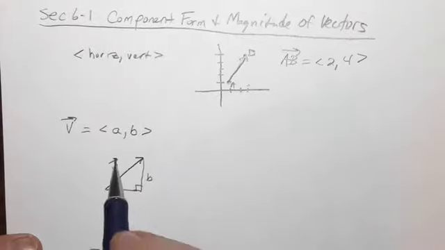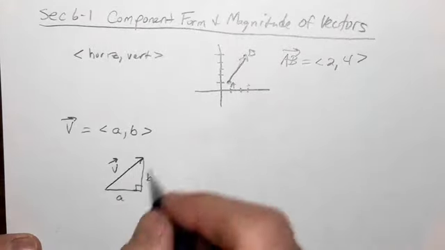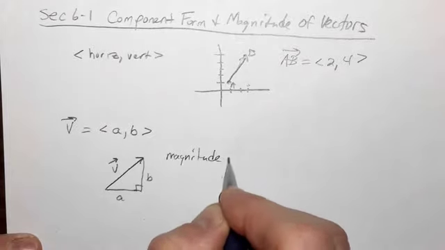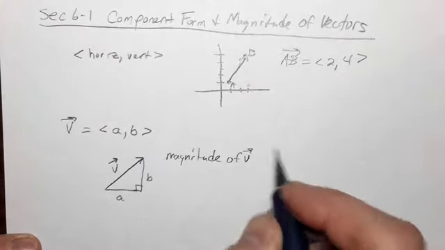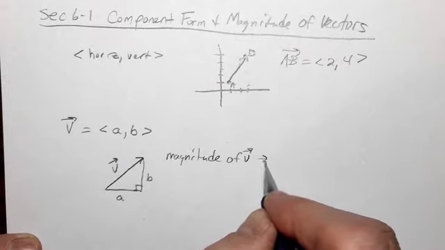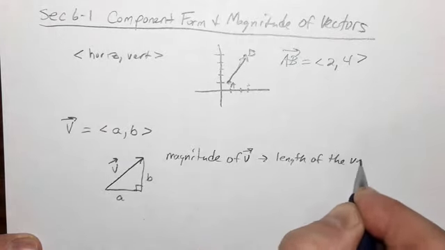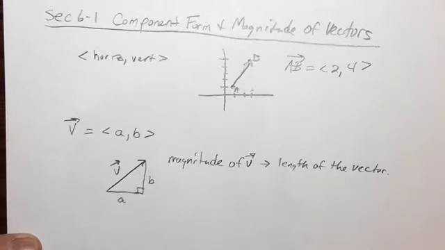In trying to find the magnitude of vector v, which is just the length of the vector, it's just using the Pythagorean theorem.